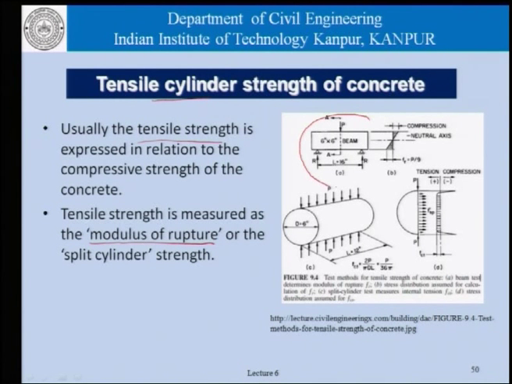The modulus of rupture is determined using a prismatic beam, and the split cylinder test is carried out as shown in this picture, which essentially involves applying the load on a cylinder in this fashion, which gives us a stress distribution as shown here and causes the cylinder to split along the diameter. So, this gives us the split cylinder tensile strength, and that is how we determine tensile strength should that be required in a particular application.